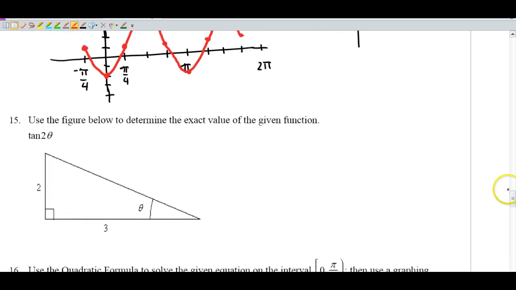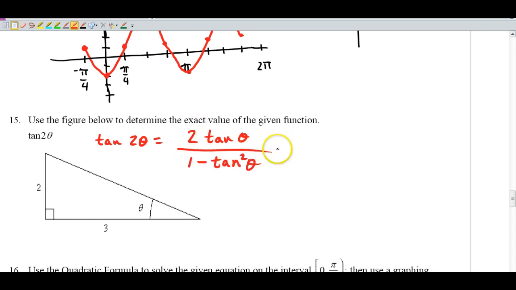Number 15 is a tangent 2 theta formula, so we have to look that up. Tangent 2 theta is equal to 2 tangent theta over 1 minus tangent squared theta, and in this case it's going to be 2 times 2/3, opposite over adjacent, over 1 minus 2/3 squared.